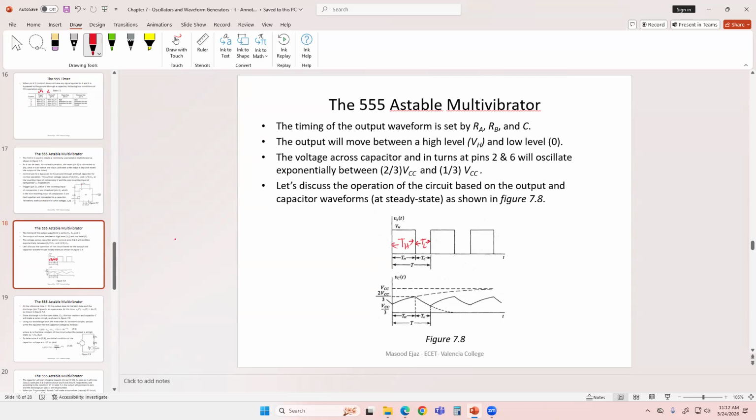This is the capacitor voltage that is charging from 1/3 of VCC to 2/3 of VCC in the time T high, and then it is going from 2/3 of VCC to 1/3 of VCC in the time T low.